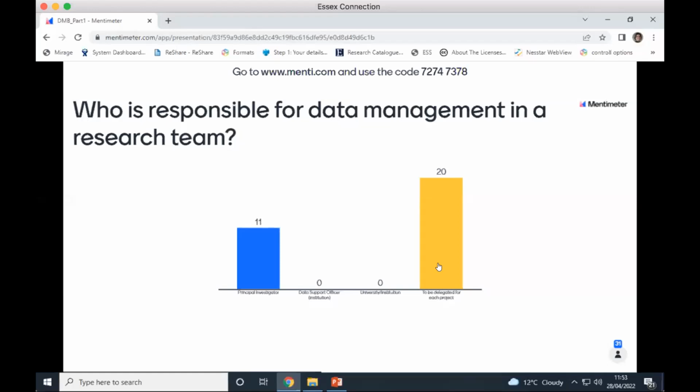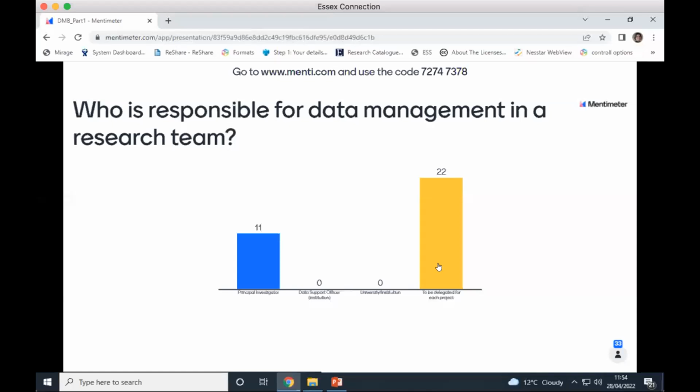So well done. But also saying that the principal investigator is responsible is not incorrect either. So the idea here is that whoever is responsible needs to be clearly specified in the data management plan. So if it is the principal investigator, then that is fine. If perhaps it's a big project, right, and you have multiple people that are responsible for different aspects, right?